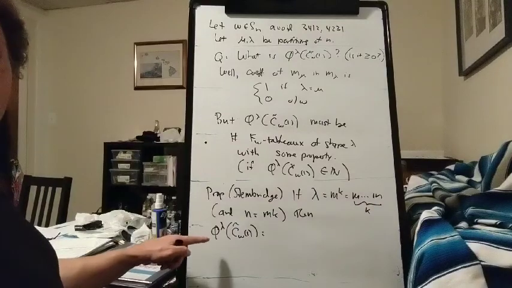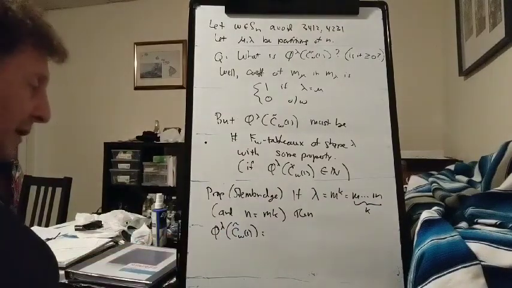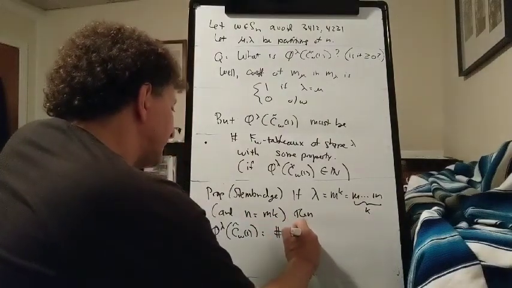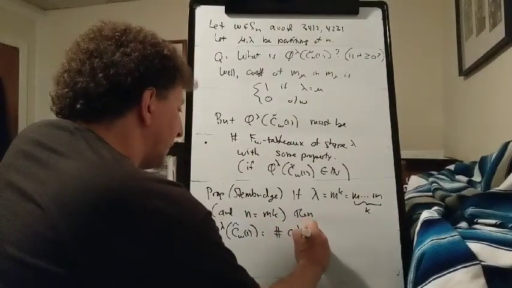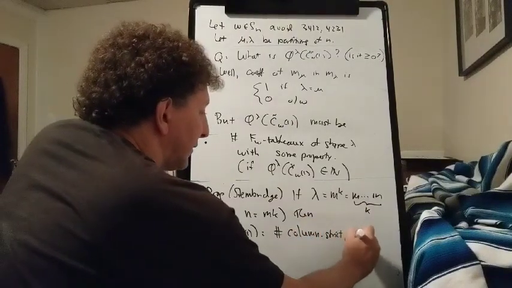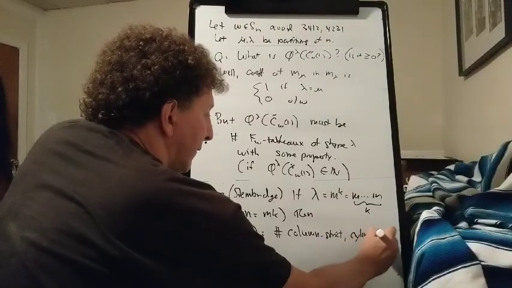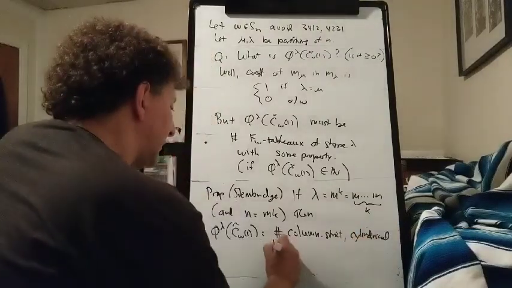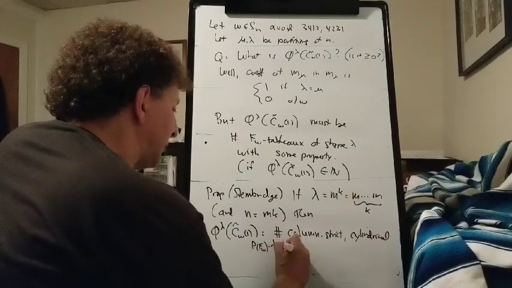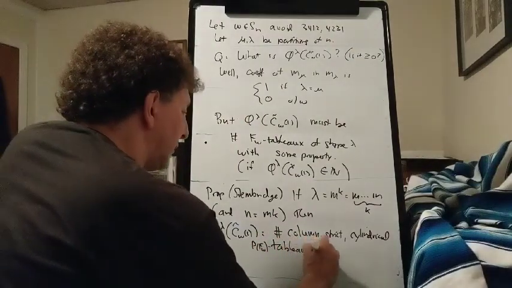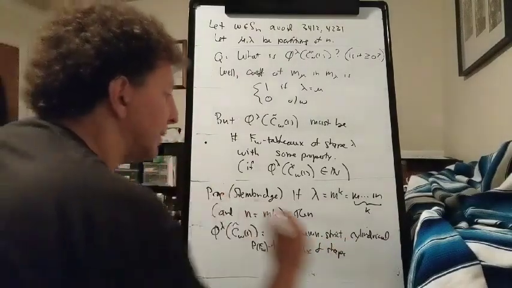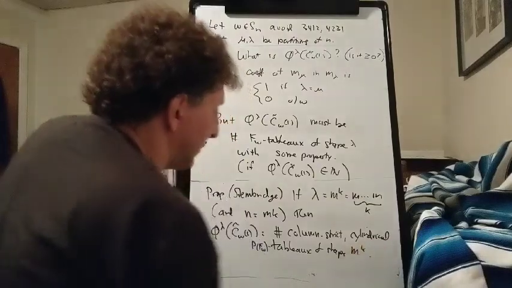Then the evaluation of the monomial trace at this Kazhdan-Lusztig basis element is the number of column strict cylindrical P-F_w tableaux of shape m^k.